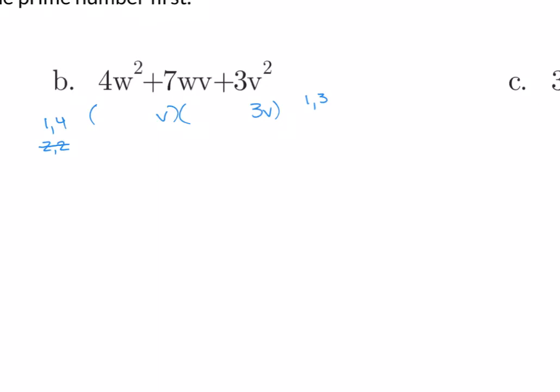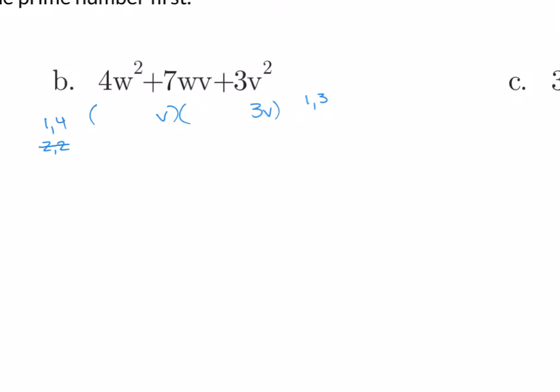So again, 7, do you consider it large or small? In this case, I consider it small. And basically, it boils down to, do I want to multiply the 3 here by 1 or by 4? If I multiply it by 4, I'm going to get to 12. And I'm not going to be able to get to 7 from 12.